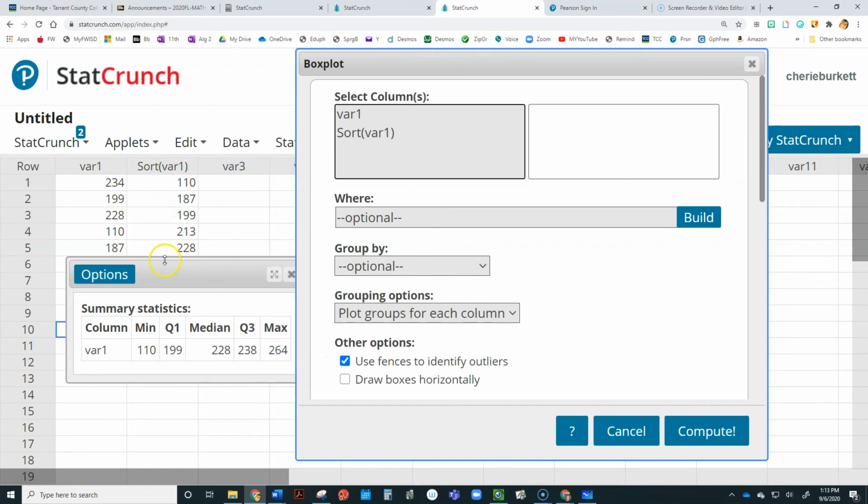Which set of data do you want to use? It doesn't matter, it's the same set of data, so we'll just use the one that was given to us. You do want to use outliers, and we want our boxes drawn horizontally, because if you don't pick this, our box and whisker plot is going to go up and down rather than side by side. So I'm going to press compute.